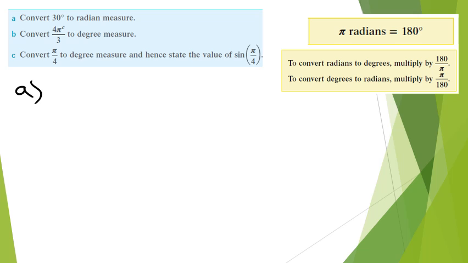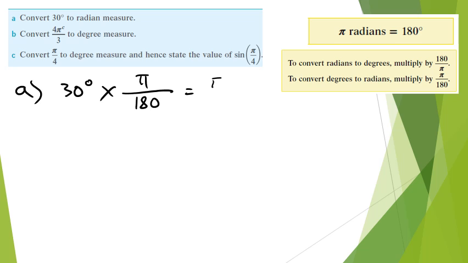Alright, so A, convert 30 degrees to radian measures. 30 degrees. We're getting rid of degrees, so what do I put on the bottom? 180. It says here, convert degrees to radians, multiply by pi over 180. And I told you to check the bottom. If you want degrees, you get rid of degrees. So you divide it.